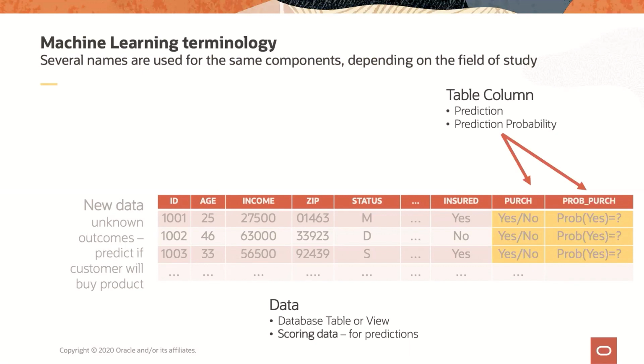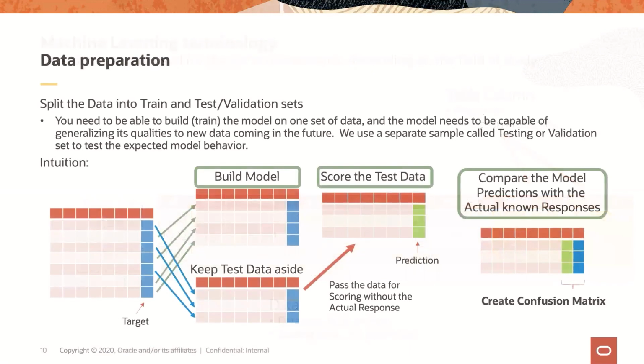Now, data preparation is something, as I was mentioning before, important and critical. But perhaps one of the most important things for all algorithms, it doesn't matter which algorithm, is to split the data into training and test, right? And validation. So what happens here is you need to build two sets based on random samples of the original data set.